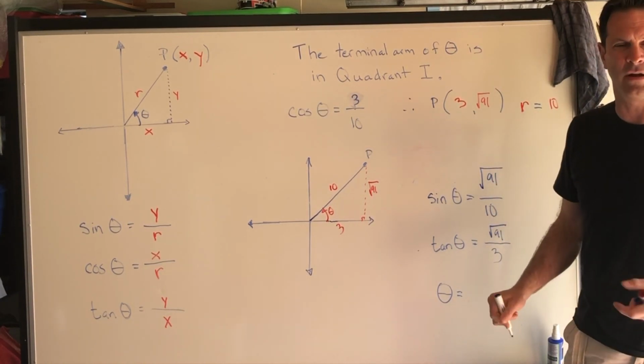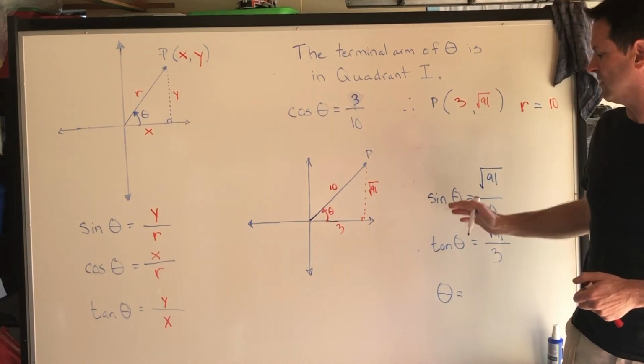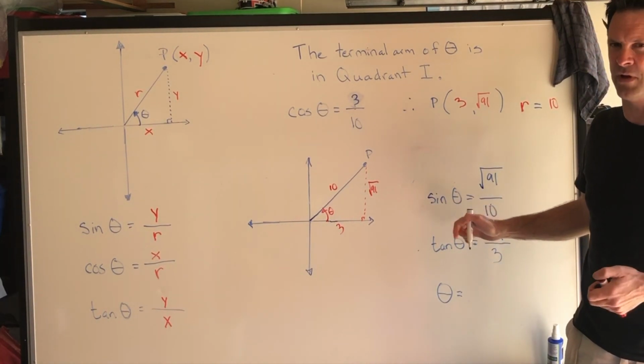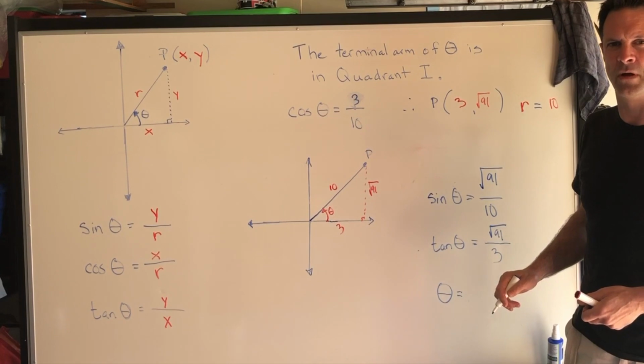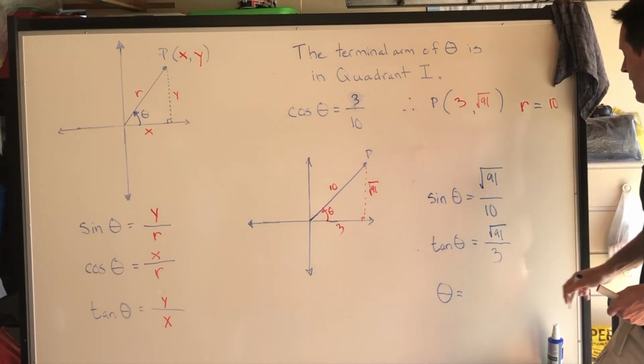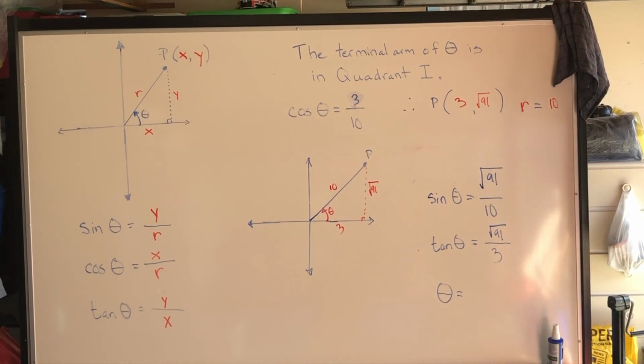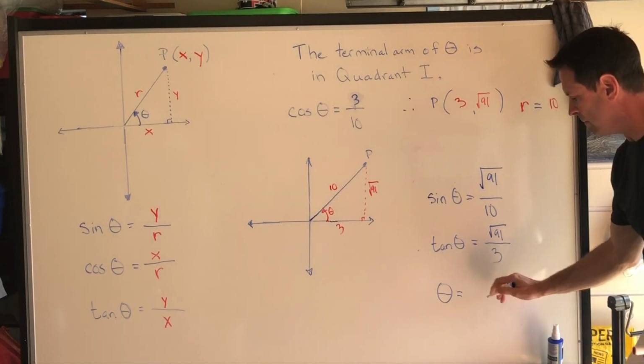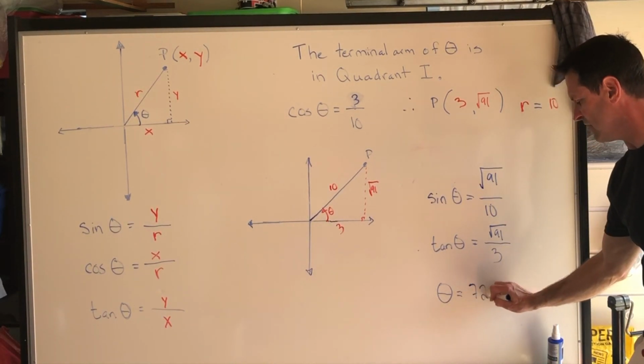And then using our inverse functions, second function sine, tangent, or cosine on the calculator, we find that the angle in standard position works out to approximately 72 degrees.